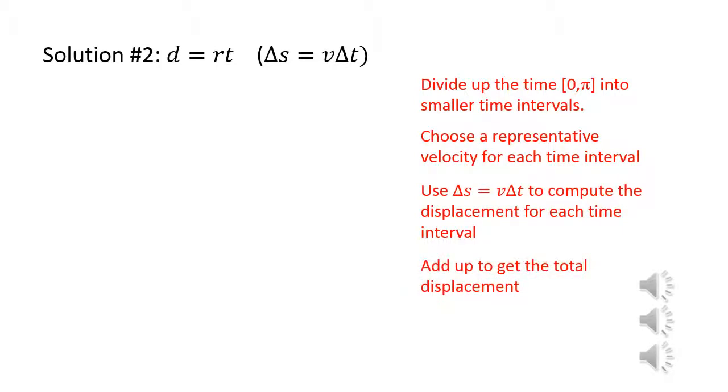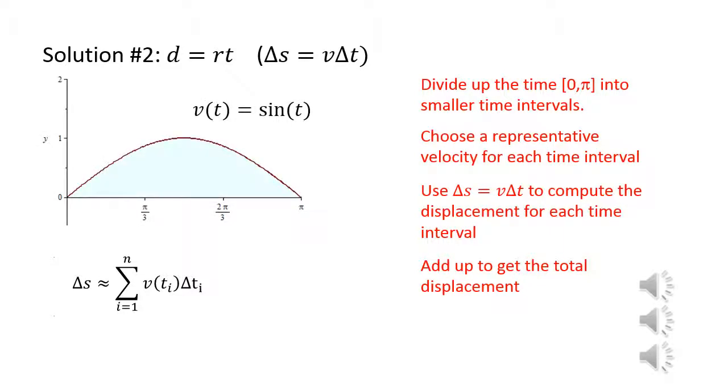But now when I write in math the process that I just described, something wonderful happens. My displacement is equal to the sum of rate times time for each time interval. In other words, it is the sum from i equals 1 to n of velocity times delta t. That's a Riemann sum. And in fact, because our velocity is sine of t, which is a function that we were working with earlier, we've actually already computed this Riemann sum for every single one of our methods.